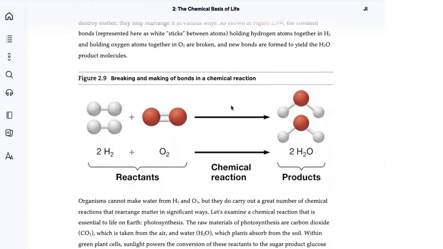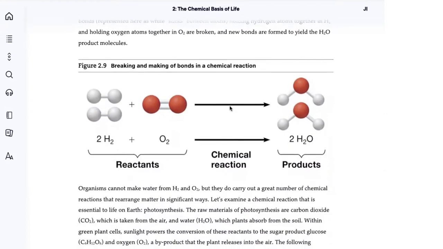And you could actually see this chemical reaction in living color, right? And so looking over here, here are the 2 molecules of hydrogen in white. We've got a bond here, a bond here. Those are covalent bonds between hydrogen atoms.